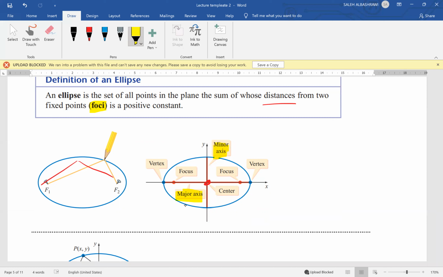So we have the center, the major axis, the minor axis, and two foci, F1 and F2. And we have two vertices. So for the ellipse, we have 2 vertices, 2 foci, and the major axis and minor axis.